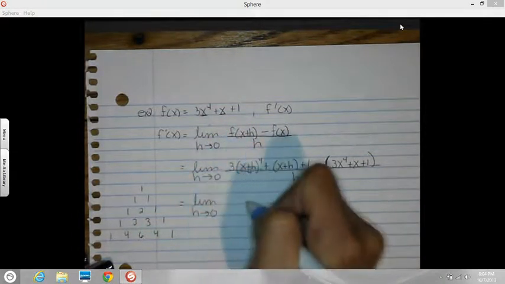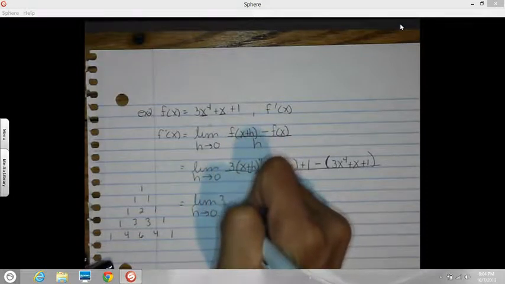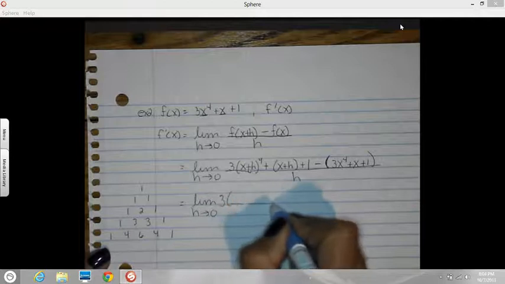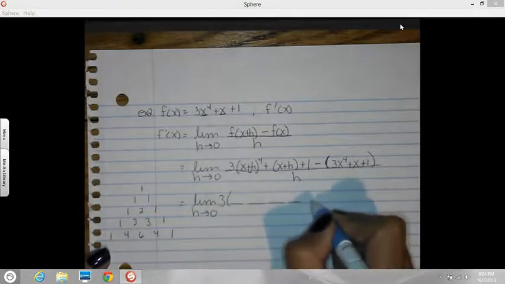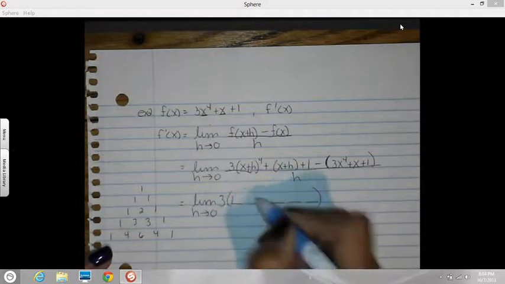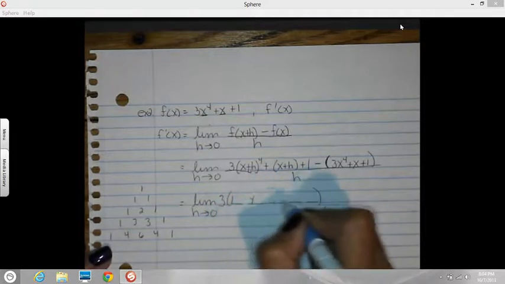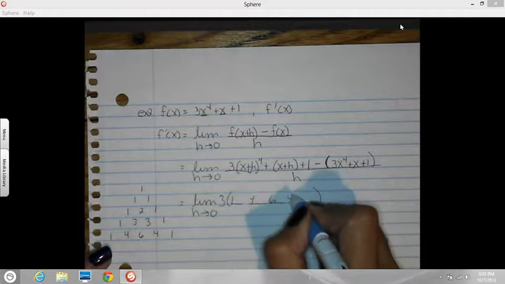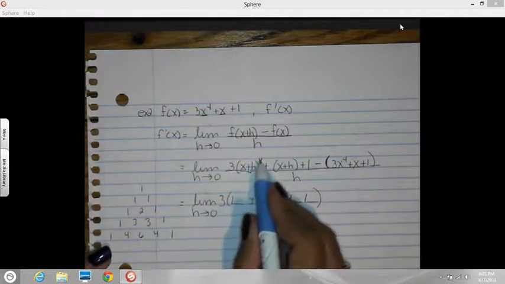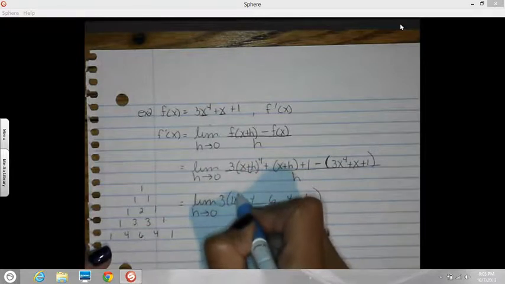So we've got our 3, and then our 5 terms. 1, 2, 3, 4, 5. The multipliers are 1, 4, 6, 4, 1. Start with the x. X to the 4th. X cubed.